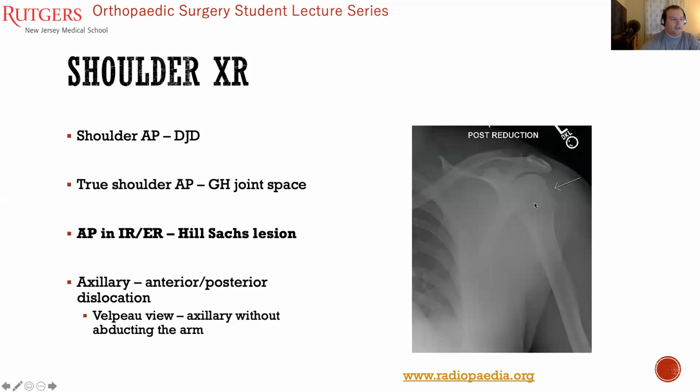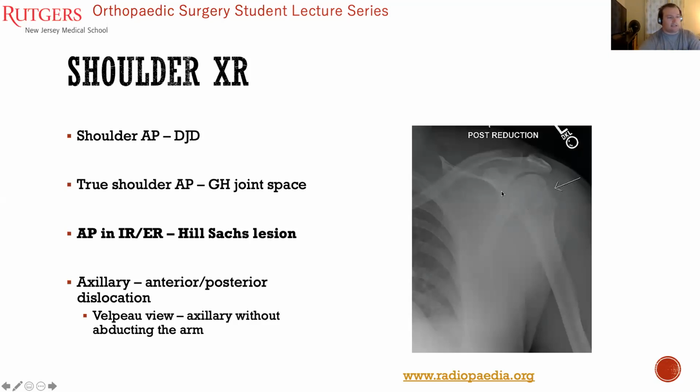If you think about it, internal rotation is going to bring anything that is posterior in the shoulder out laterally, so you'll be able to see a posterior Hill-Sachs lesion, whereas an external rotation will bring the anterior structures of the shoulder out laterally, where you can see the reverse Hill-Sachs.